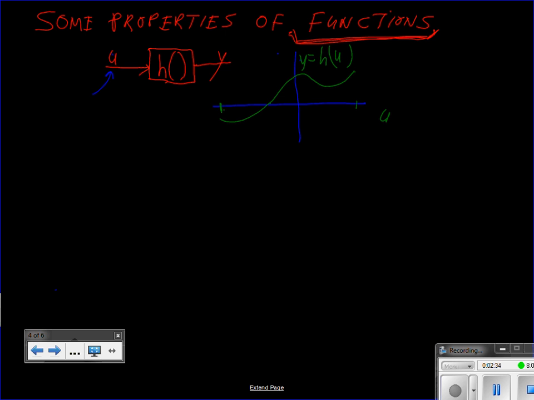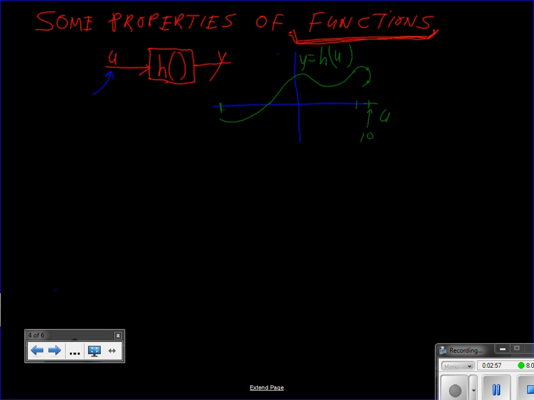Now, what happens if this thing kind of curled back on itself like this? It went like that. Okay? Well, look at the problem here. Look at the problem right out here. If I zoom in on this, I have 2 points. For a particular value, let's just call this value 10.